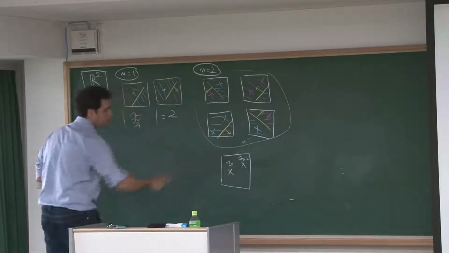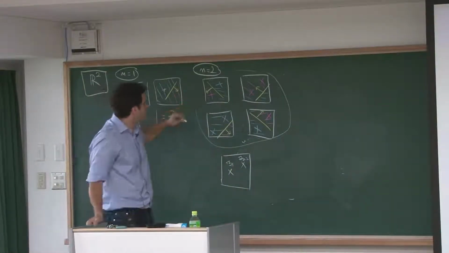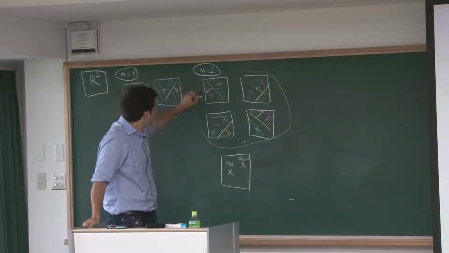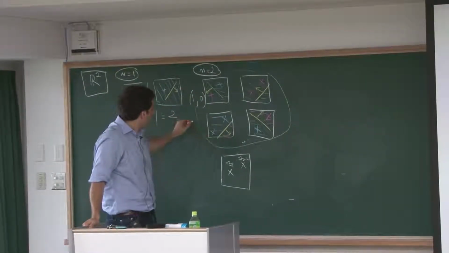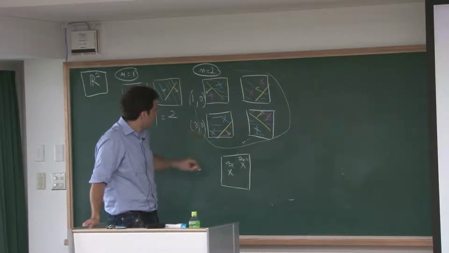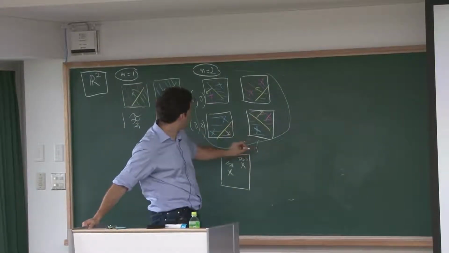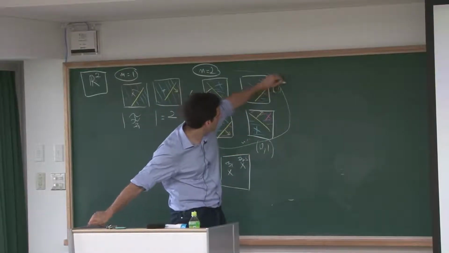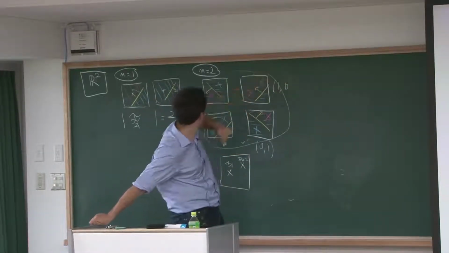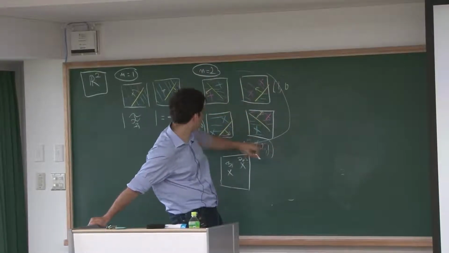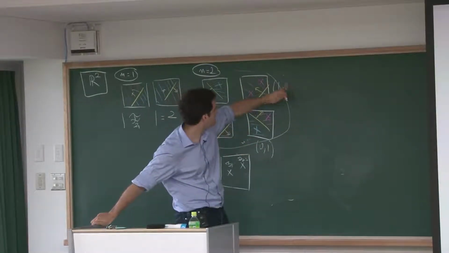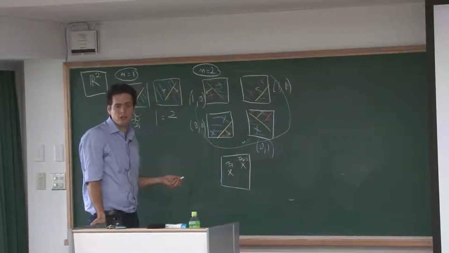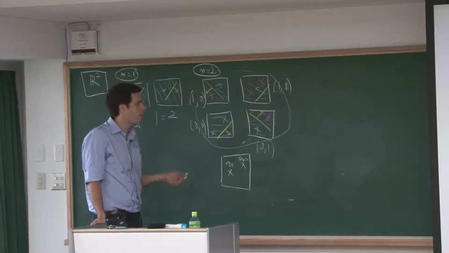Then here I just said z1 was 1, z2 was 0. Here z1, z2 were both zeros. Here it's 0, 1, and 1, 1. Okay? So how many possible combinations do I have?